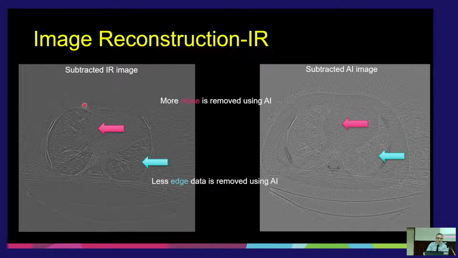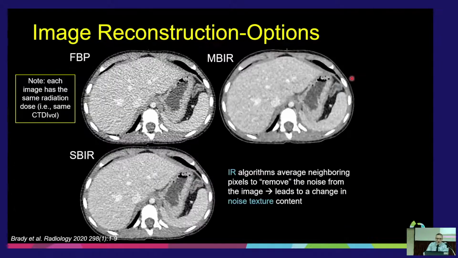And if you look up in the thorax, which we knew the iterative reconstruction algorithm really struggled with, look at that. You don't really see a lot of the lung parenchyma and the vasculature. It's mostly just noise, just texture that you see moving. So AI has come a long way to preserve the structure edges but remove noise.